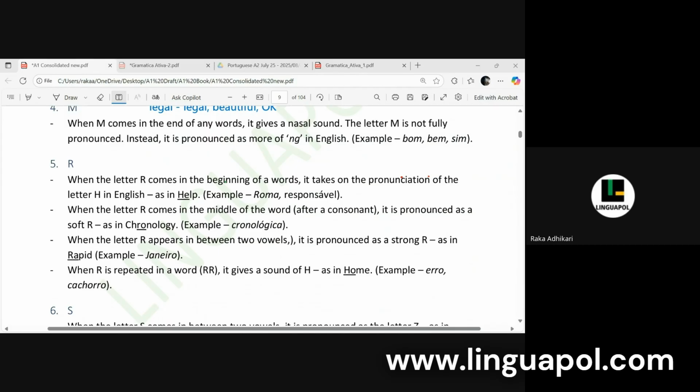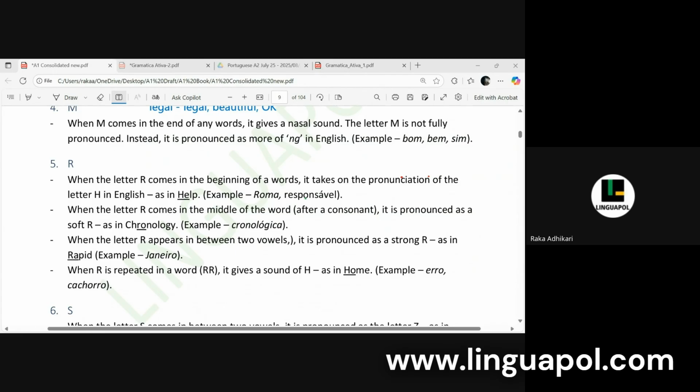So these words are Roma and responsável. Roma is the city of Rome. Rome in Portuguese is known as Roma. And this one is responsável. Now this first rule remains the same for Brazilian and European.